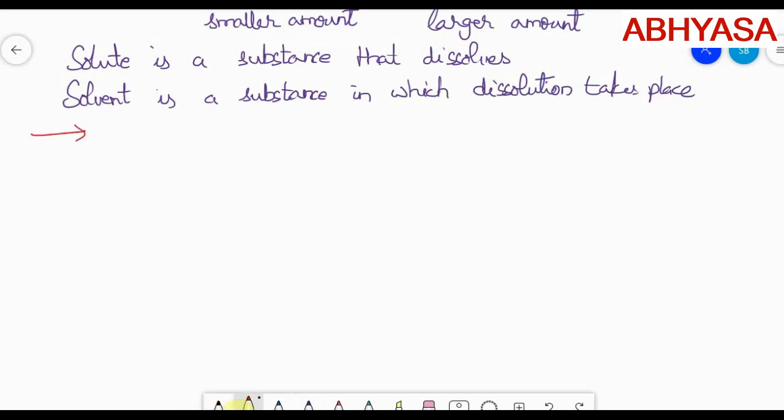Now let us understand a very important topic, classification of solutions. We come across these technical words almost in every chapter of physical chemistry. Classification of solutions.